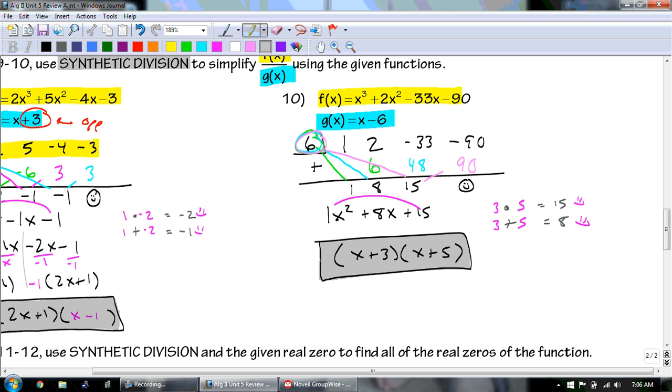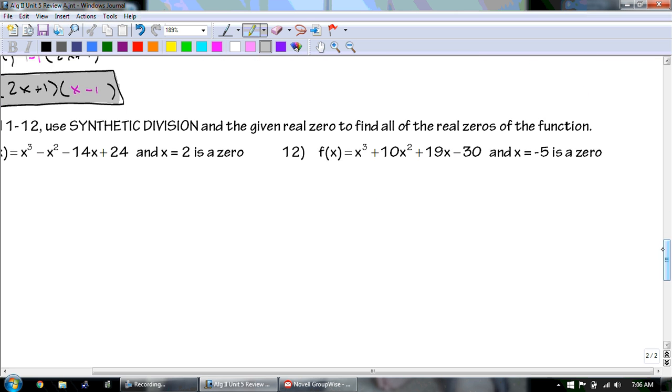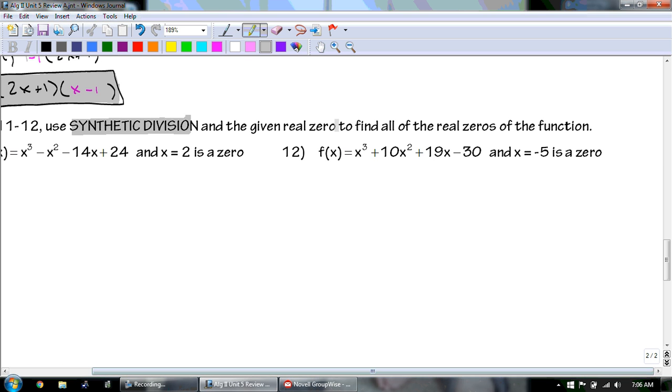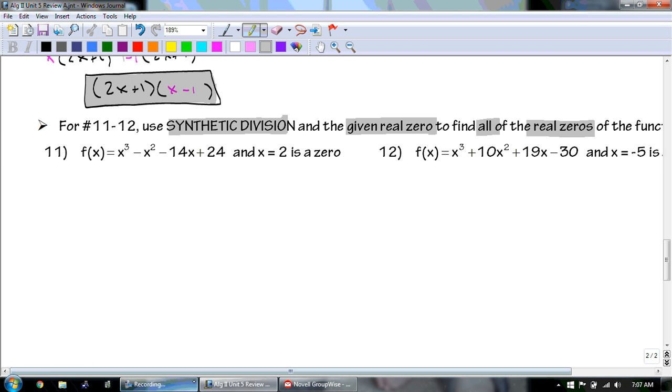Now, for the next part, I know it says to use synthetic division. Okay, so we're still using synthetic division, but they're giving me the real zero to find all the real zeros of the function. So when they're saying that this is a real zero, they're telling me that that's the answer.